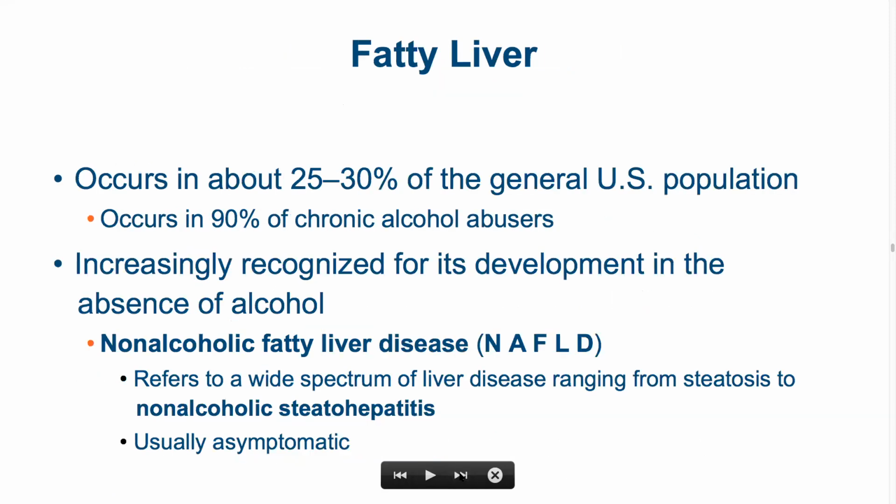Fatty liver or cirrhosis occurs in 25 to 30% of the general US population, up to 35% of the worldwide population, and 90% of chronic alcohol abusers. The broad term non-alcoholic fatty liver disease refers to a wide spectrum of liver diseases ranging from steatosis, fibrosis, and cirrhosis.